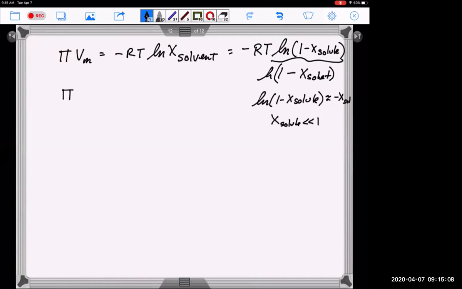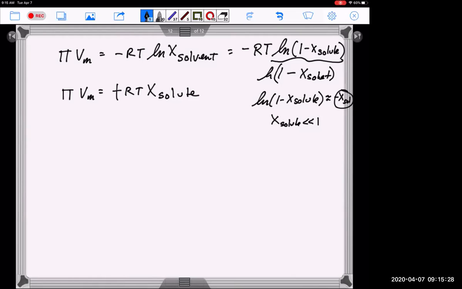So we get pi over Vm is minus RT X solute. Now it's a plus sign, right? Because we got a minus sign from here. So it's plus RT X solute.